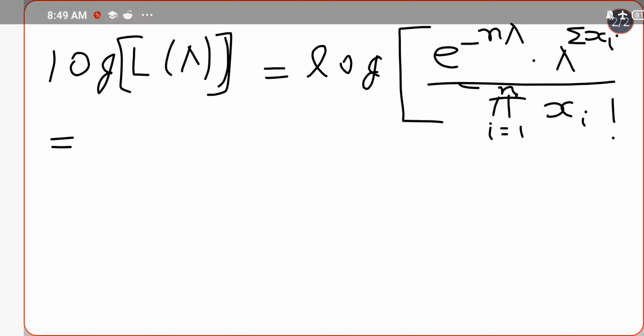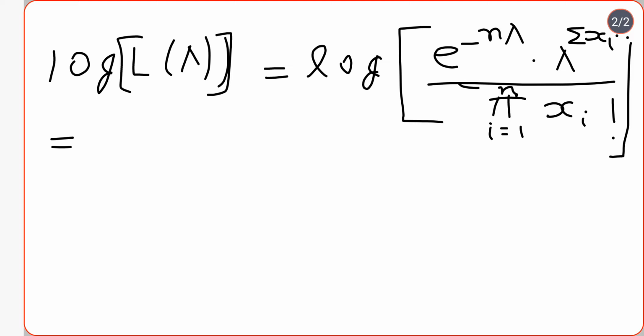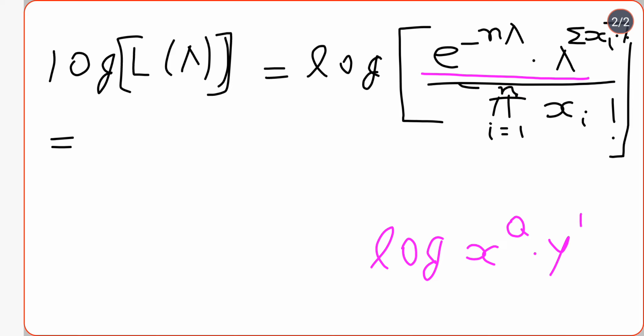Now I have taken the log here. For this portion, e to the power minus n lambda into lambda to the power summation xi, we use the rule that log of x to the power a into y to the power b can be written as a log x plus b log y. You all know this type of transformation, this type of rule of logarithms.